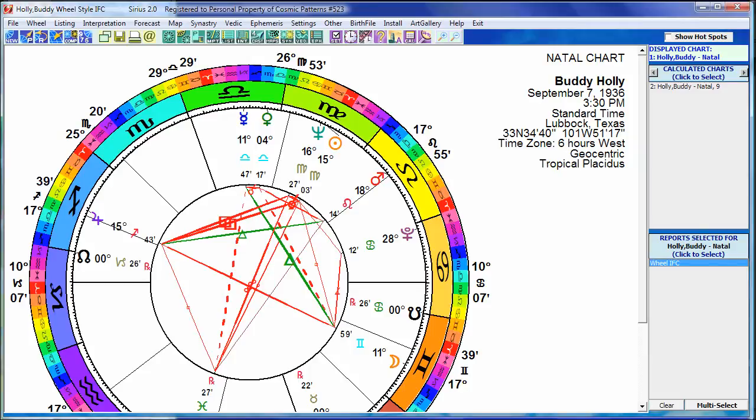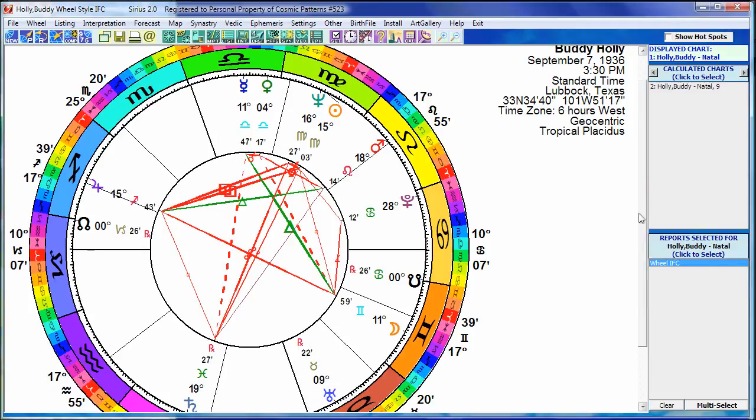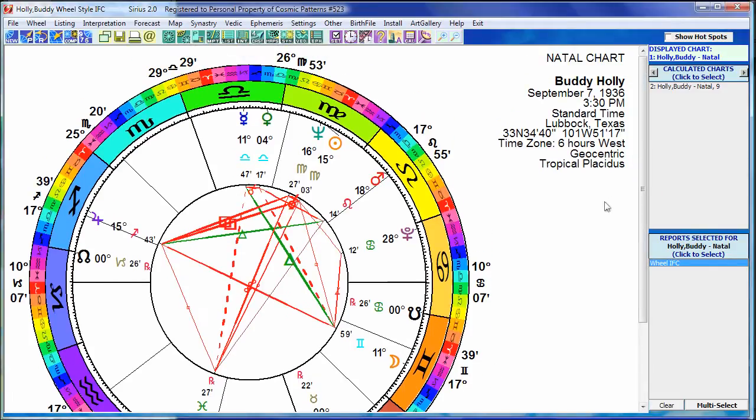Now, let me go over a few things. One thing I'm saying is that there are two different ways of thinking about what a harmonic chart is. We'll use the ninth harmonic as an example. Same concepts apply to any harmonic. One way is you multiply all the planets by 9. You stretch all the distances by 9.